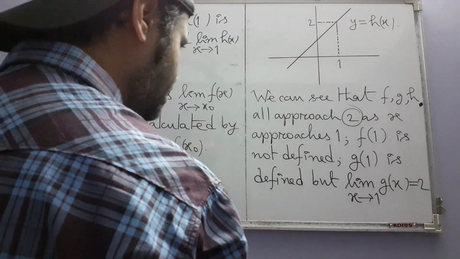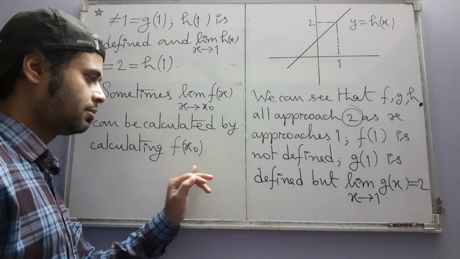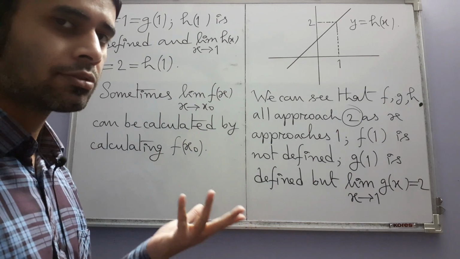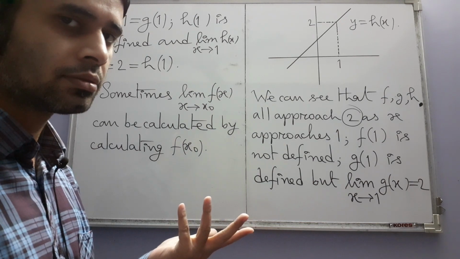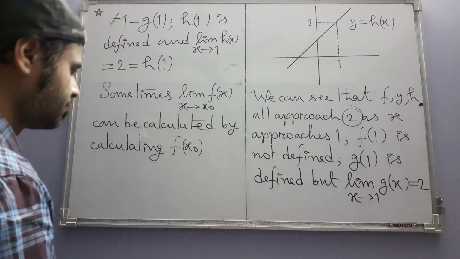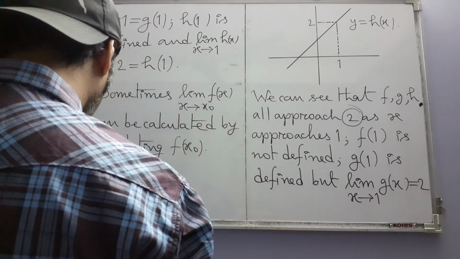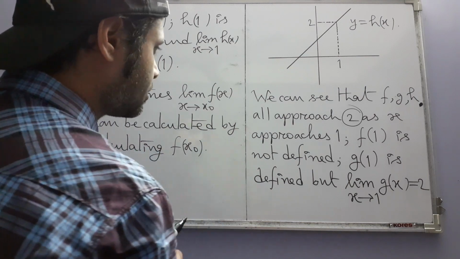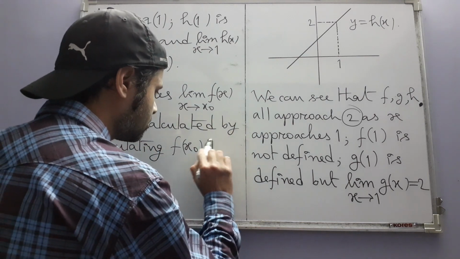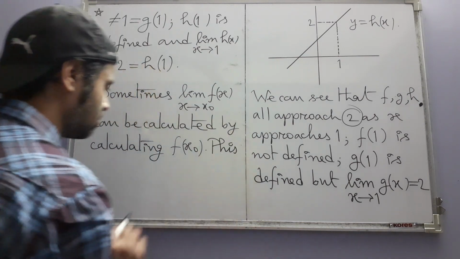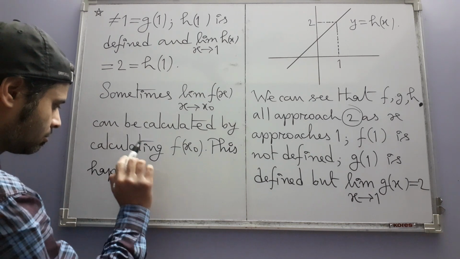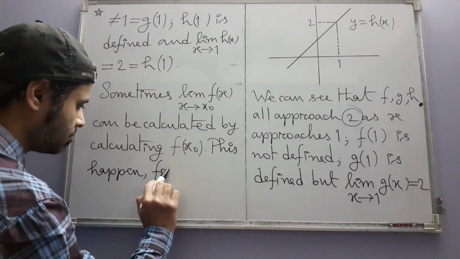So we need to identify what type of functions behave like this, because calculating limits for them becomes an extremely easy task. So this happens for algebraic combinations of polynomials.